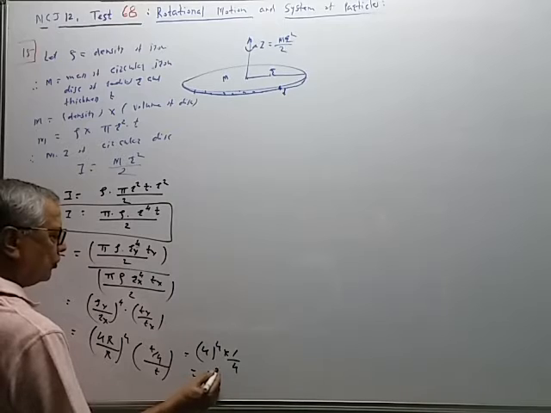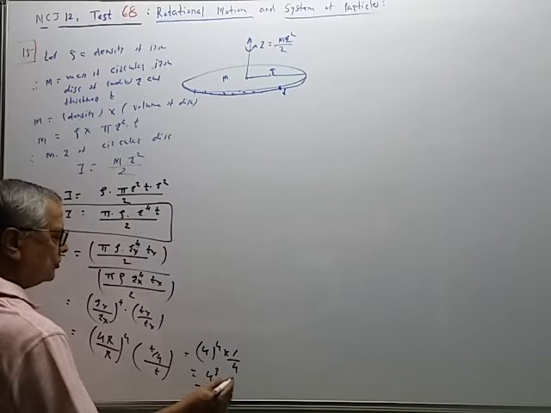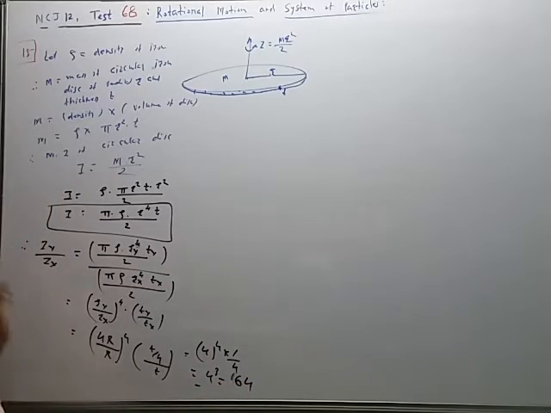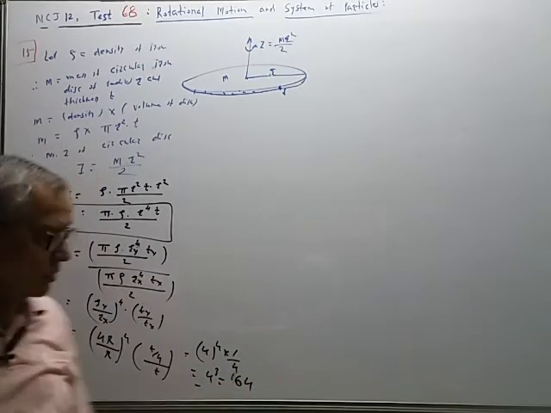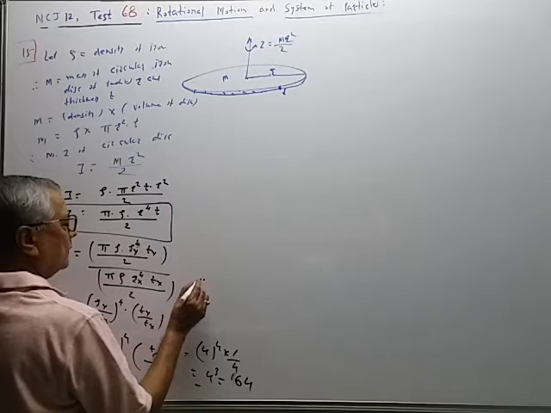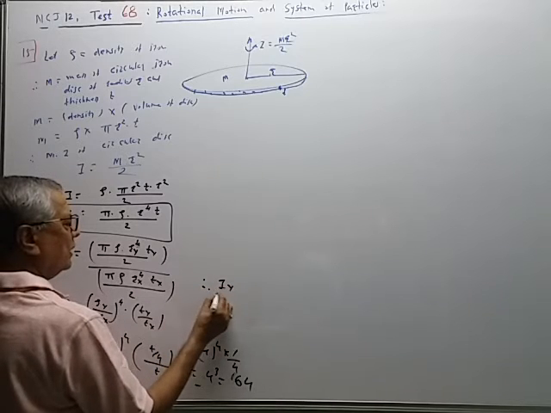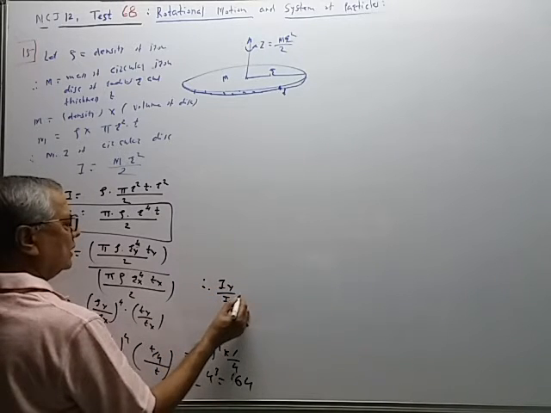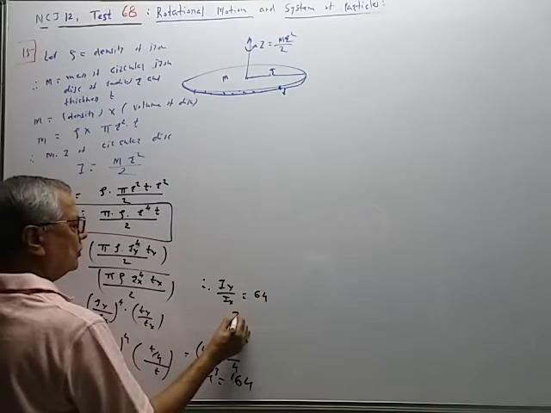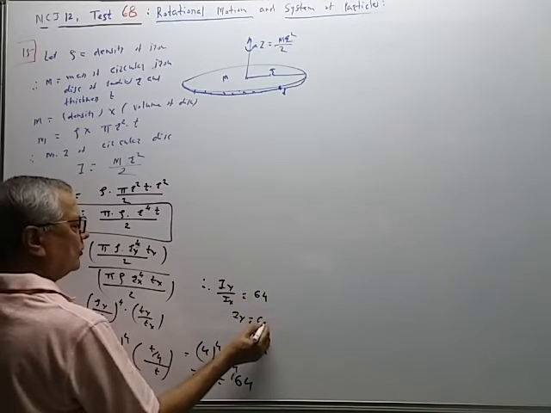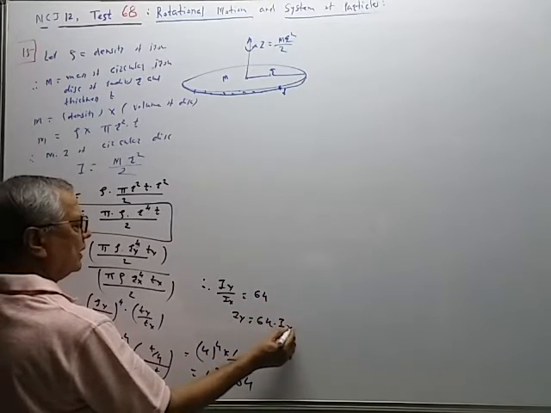So that is equal to 4 raised to 3, that is equal to 64. And therefore Iy upon Ix is equal to 64. Iy is equal to 64 times Ix.